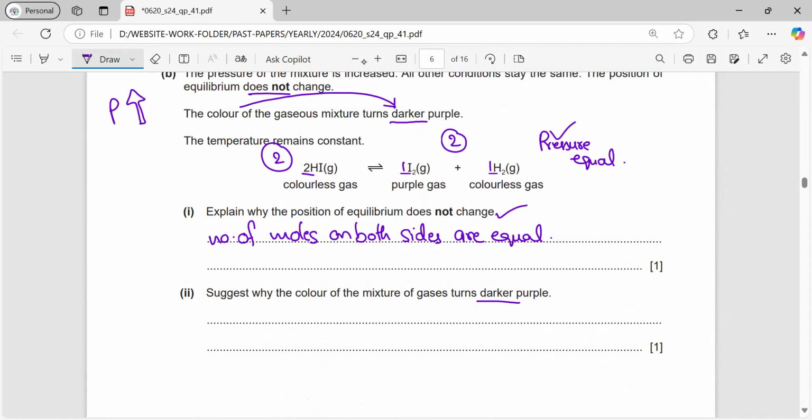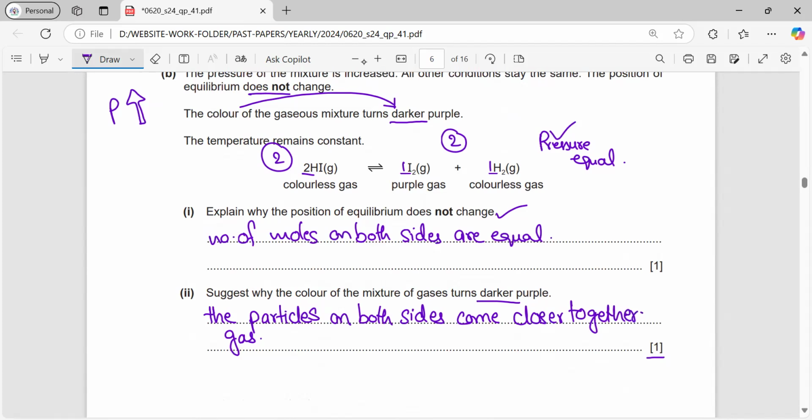It's just 1 mark, so we'll write: because the gas particles on both sides come closer to each other. And when they come closer, iodine particles especially form more purple gas, which makes the mixture dark purple.